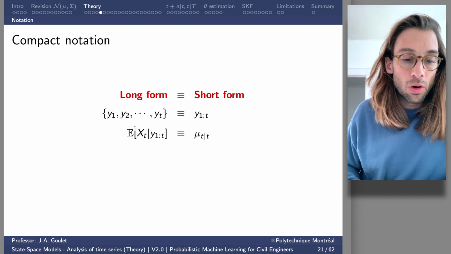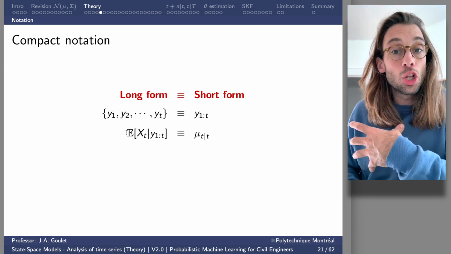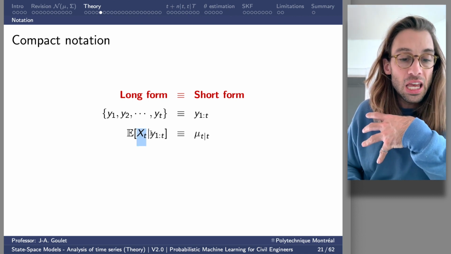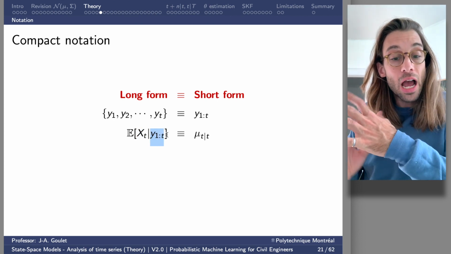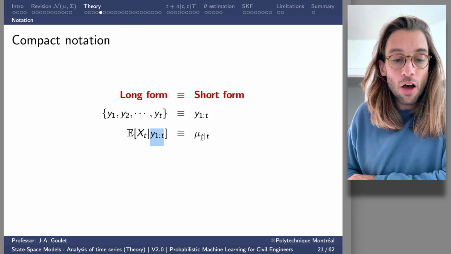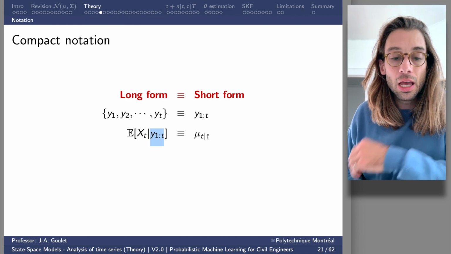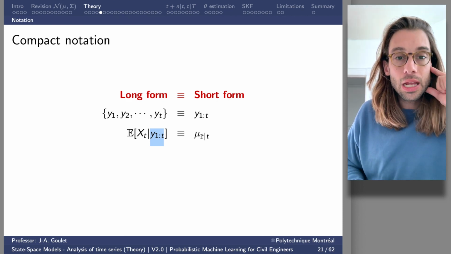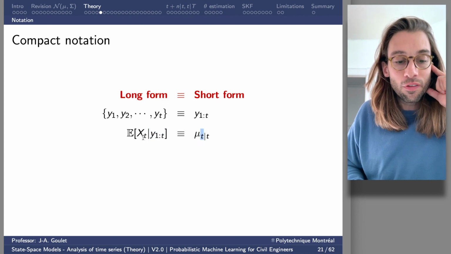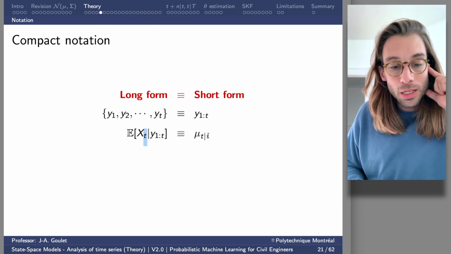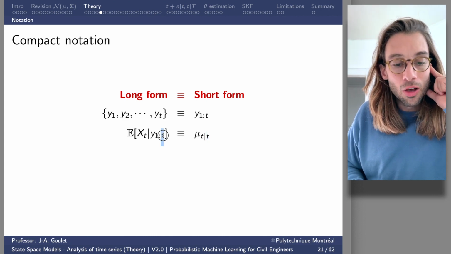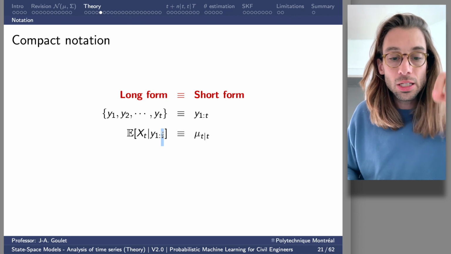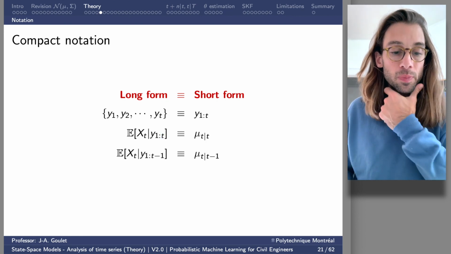If I want to express the conditional expected value of xt given y1 up to yt, I'm going to summarize this by mu of t given t. The first index on the left of the condition refers to xt. The second index on the right of the condition represents y, always 1 up to t. This is what this short form notation means.